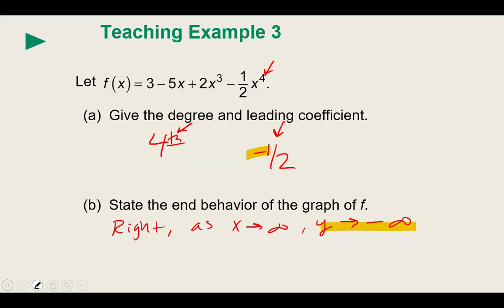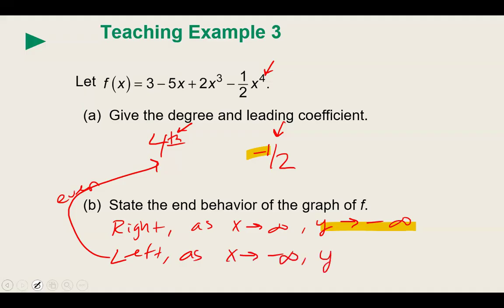Your left side depends on your degree. And because our degree is even, that means my left side is going to be doing the same behavior as the right side. Does that make sense? Your left is as x goes to negative infinity, your y is going to be going to negative infinity.